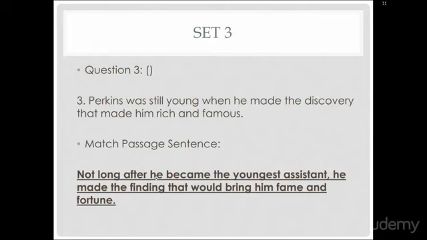So here we have a situation where the answer is true. And we're using synonym language here. Finding for discovery, bring him fame and fortune for making him rich and famous. So this is an example of a choice that is true. You will put true or yes as your answer for this one.